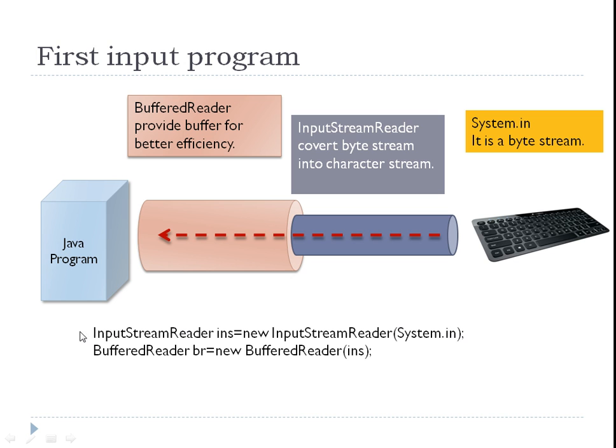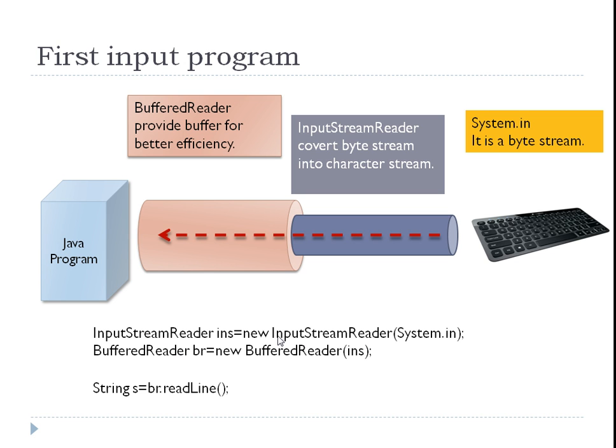So the first line will wrap the byte stream using a character stream, so that characters can flow in the stream, and the next line, BufferedReader, will add buffer capability. So we are wrapping ins, which is the InputStreamReader, with the help of BufferedReader.